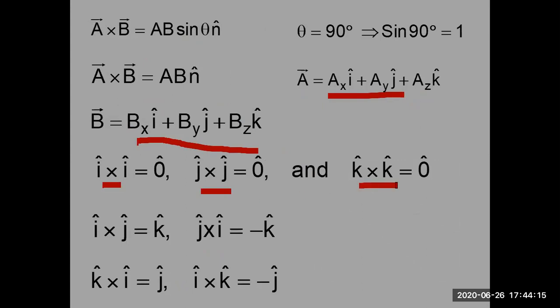I cross I will be 0, J cross J will be 0, and K cross K will be 0. In the case of multiplication, as explained here, if you multiply a vector with B, you multiply A x i with B x i, then A x i with B y j, then A x i with B z k. So the only factors remaining will be i and j, because when you multiply with the same unit vector, it becomes 0.